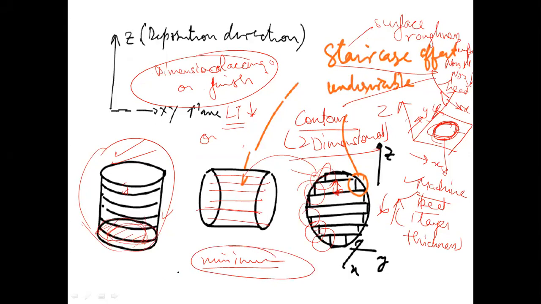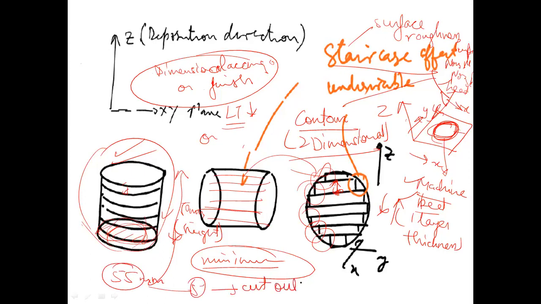So in some circumstances where we cannot compromise, what we do is, suppose I'm making this cylinder, let us assume this cylinder is of 50 mm height. I will make this cylinder of 55 mm, and the bottom 5 mm, I will simply cut out, so that the bottom surface becomes smooth.